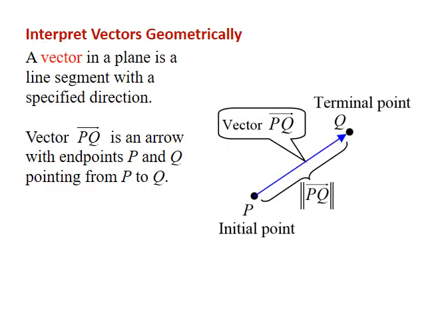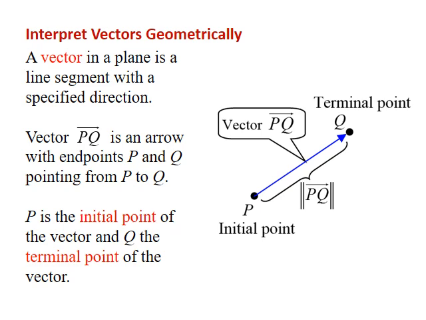So the first thing we'll talk about is how to interpret vectors geometrically. Basically a vector in a plane is a line segment with a specific direction. So we will often put an arrow on top to show that it's a vector.